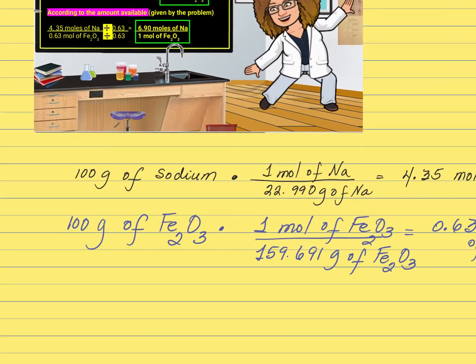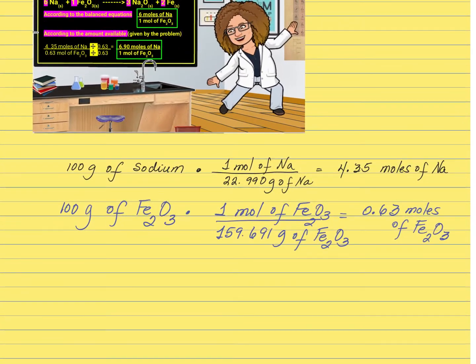If you look down here, I was converting the amount of sodium given in grams into moles of sodium, and I was converting the amount of iron trioxide that was given in grams into moles, meaning that in the real situation, you don't have 6 and 1 or 3 and 2.